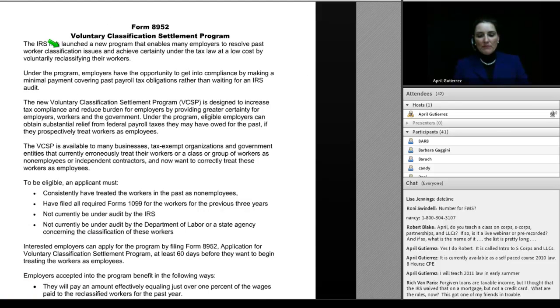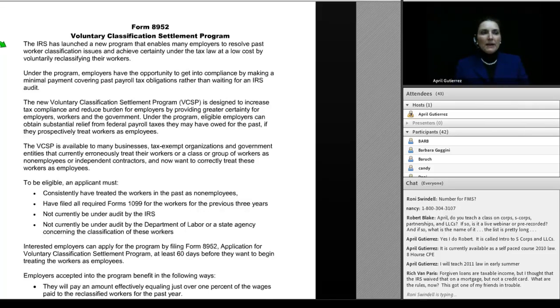Also, we have a Form 8952, which is a voluntary classification settlement program. Now, if you've been in taxes for a while, you might be aware of the fact that there's a lot of people out there who are 1099ing people who are employees that should really, in fact, be given W-2s.